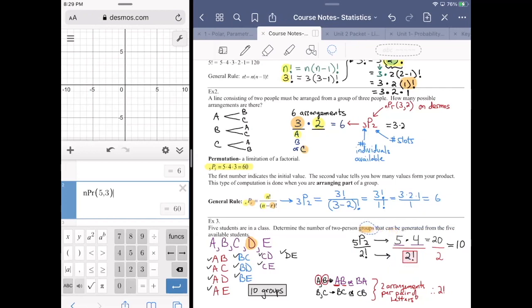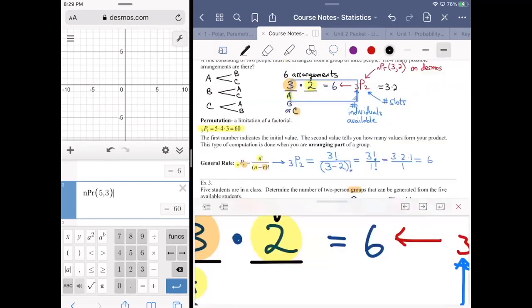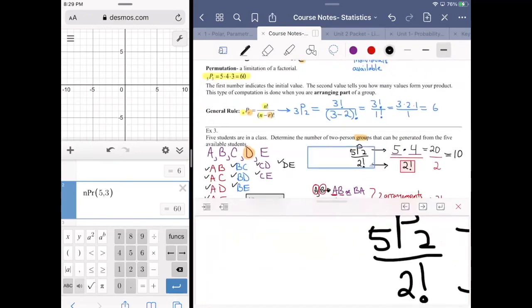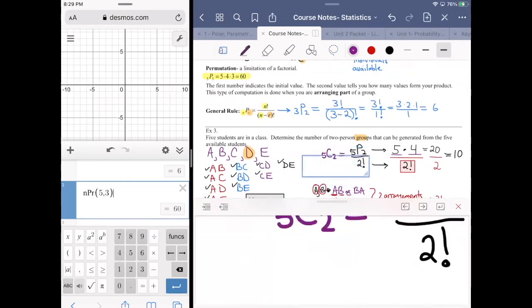I'm just going to move some things over. So this would be 5C2, but it follows the formula or the model nCr. This is our third coming up. We did 2.